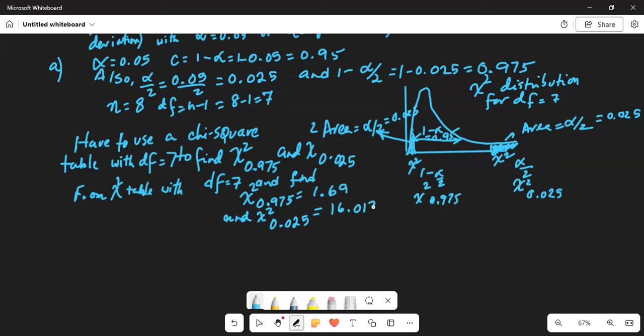So these are the two critical values we need.